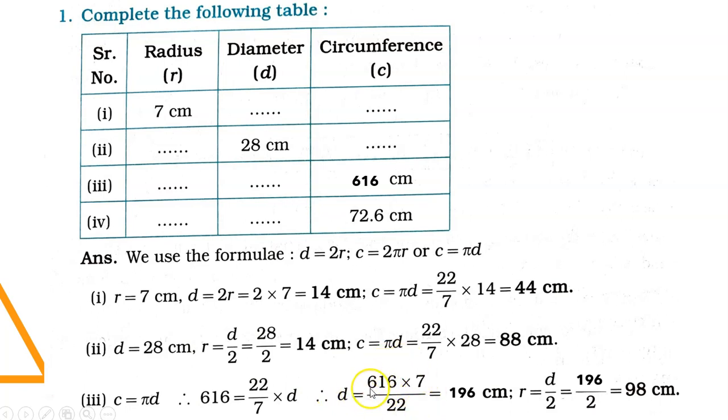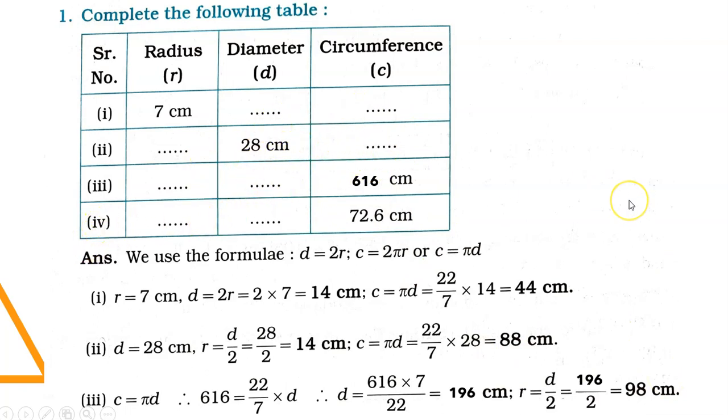When I solve this further, I get the answer as 196 centimeters. This is my diameter. So radius would be diameter divided by 2. When I divide this, I get the radius as 98 centimeters. And then these values you can fill inside the table.